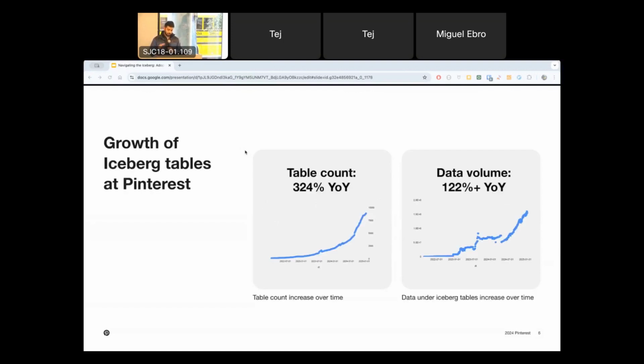When we look at the growth of Iceberg at Pinterest, we roughly see around 25% year-over-year growth in number of tables and 22% year-over-year growth in data volume. And this is data that has been migrated from Hive tables, and also includes the data that we have organically increased over the year.